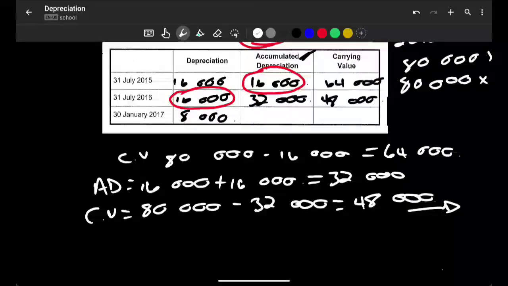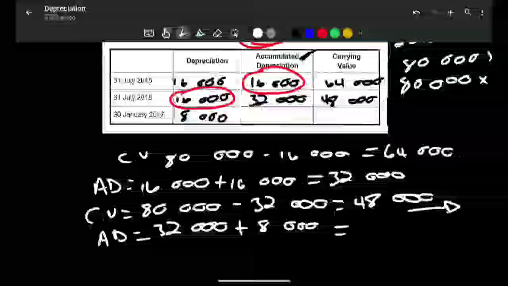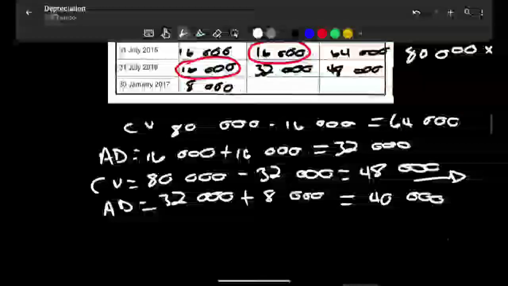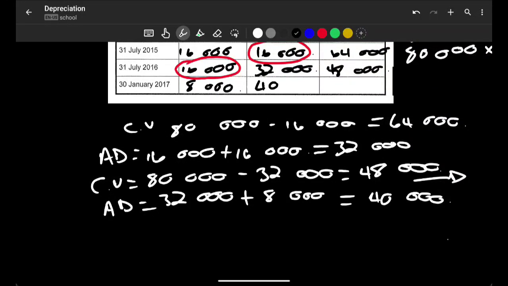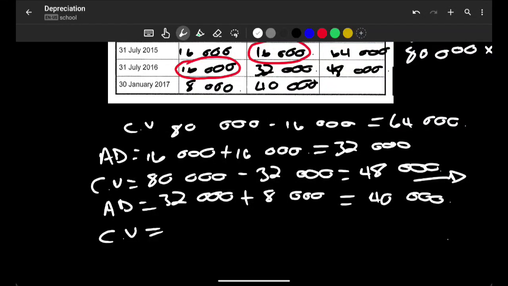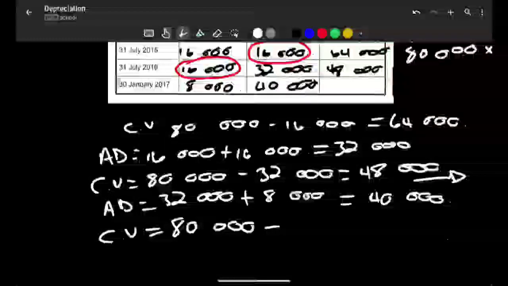Now for the final year, our accumulated depreciation is, remember, the balance, which is now 32,000 rand, plus our depreciation in that year, which is 8,000 rand, and that gives us a new accumulated depreciation of 40,000 rand, right? And then finally, we have our carrying value of 80,000 rand minus all our accumulated depreciation on this asset from the day it was bought up until the day it was sold.